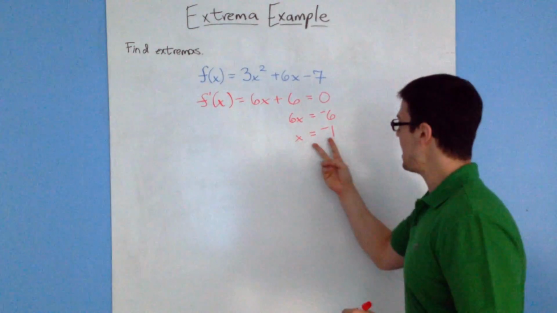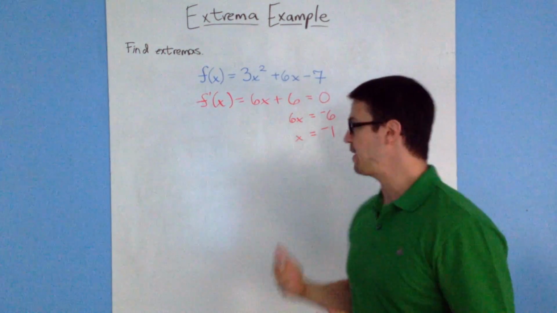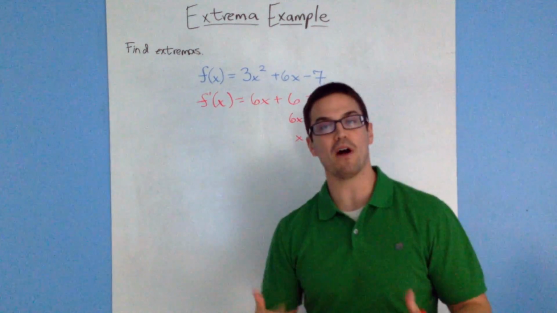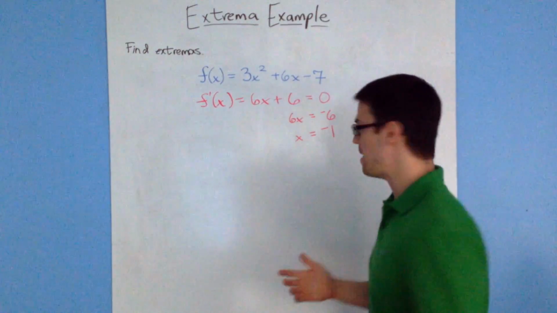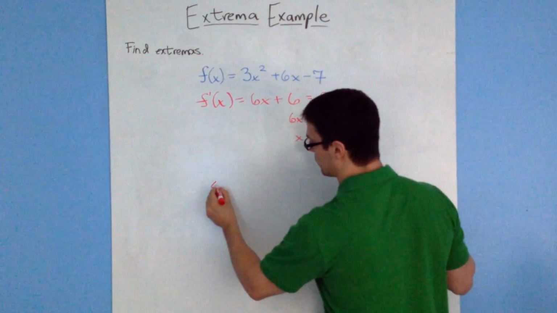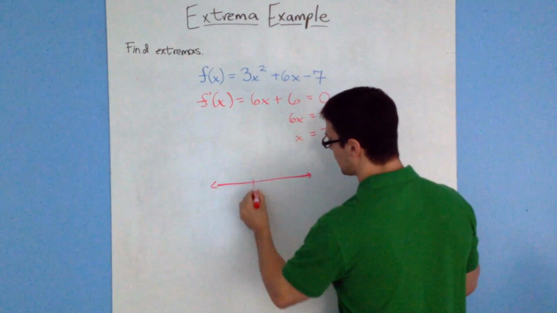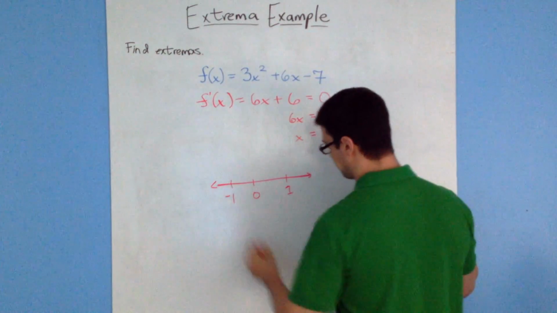Okay, so what we need to do next is test whether this critical number actually works for the relative min or max, and then we need to figure out, is it the relative min or max, or absolute min or max. So what I'm going to do to test this value is draw a number line. Okay, so we have 0 right here, 1, and negative 1.